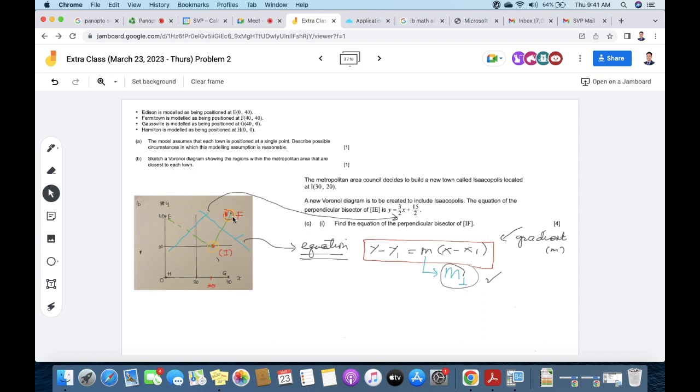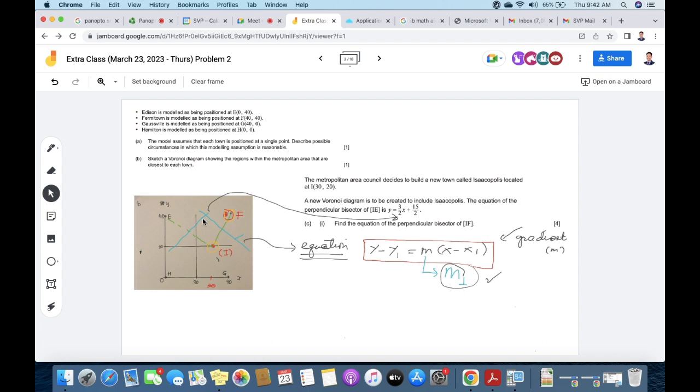Again, take two. What we wanted to find is the equation of the perpendicular bisector, meaning the equation of this line here. First, to find the equation of this line, we have to find its gradient, which is possible to find. Check. But the gradient is not enough. We also need other information, and we know that we need to find x sub 1 and y sub 1. The question is, what are x sub 1 and y sub 1? What is that point referring to?